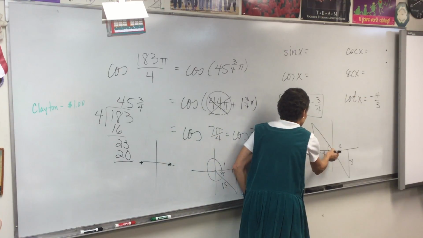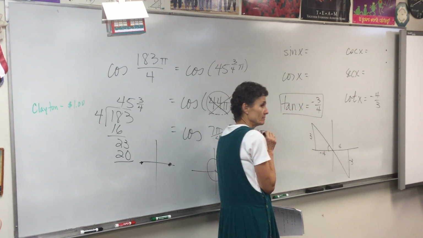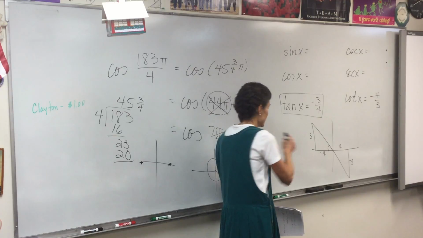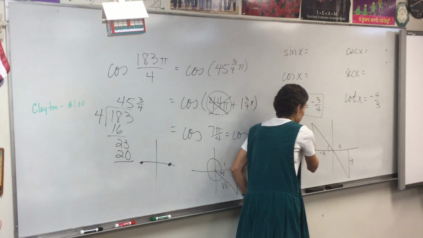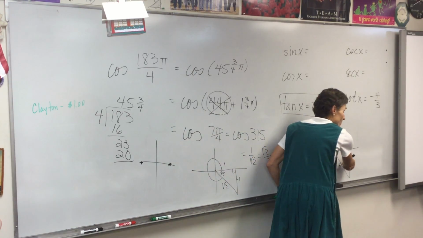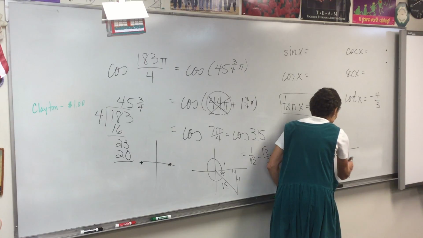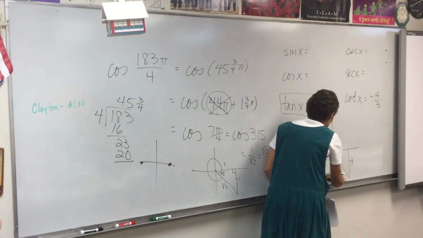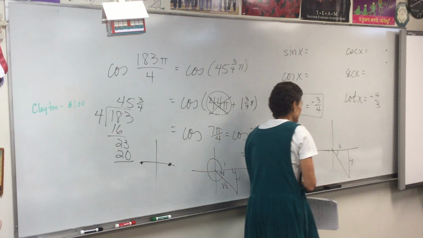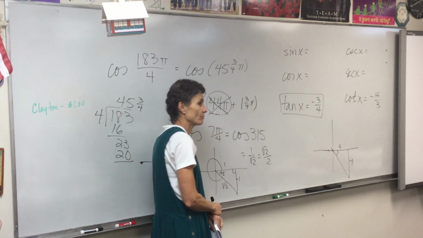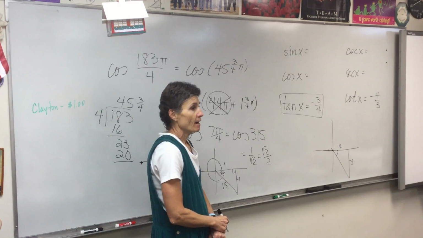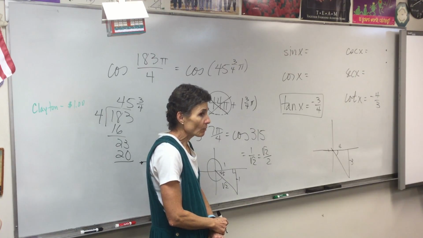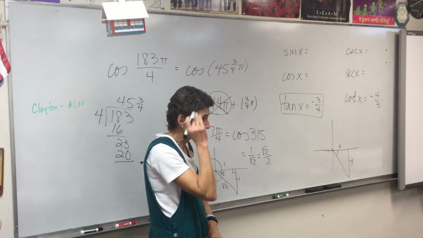Well, is the opposite side negative here? No. Is the opposite side negative here? Yeah. So this is the quadrant I want. So I'm drawing my picture in quadrant 4. I had to figure that out, kids. You had to think about that.